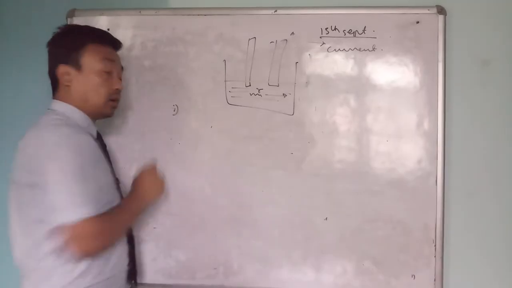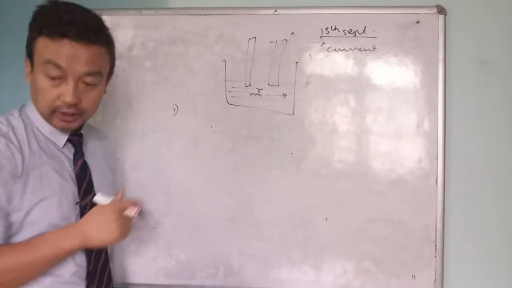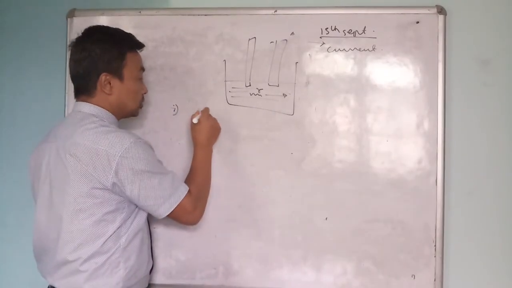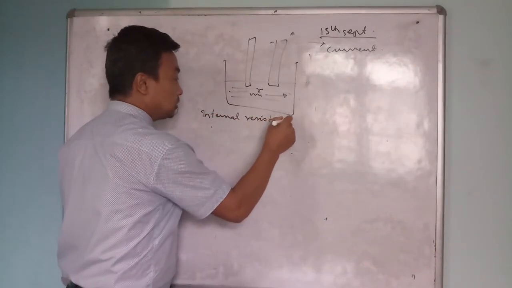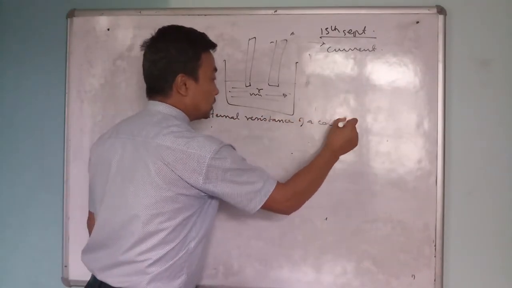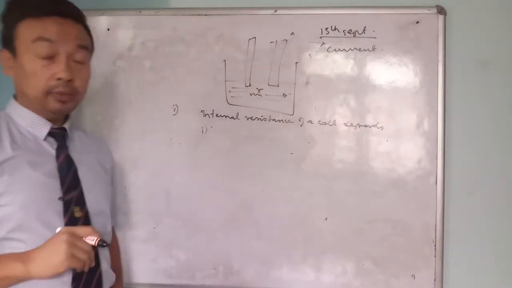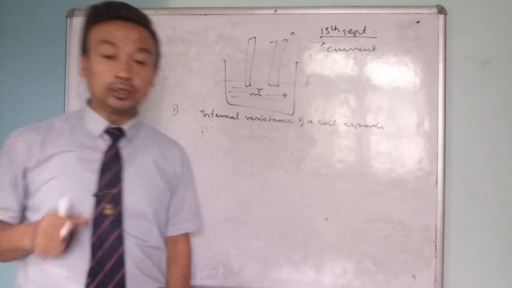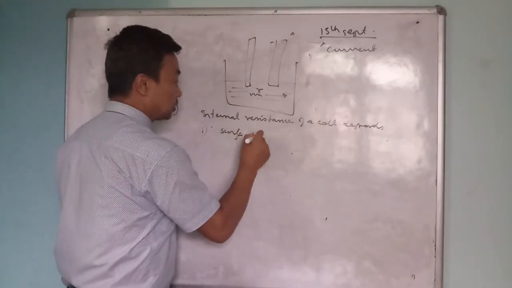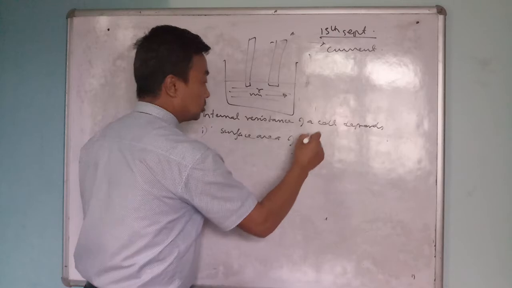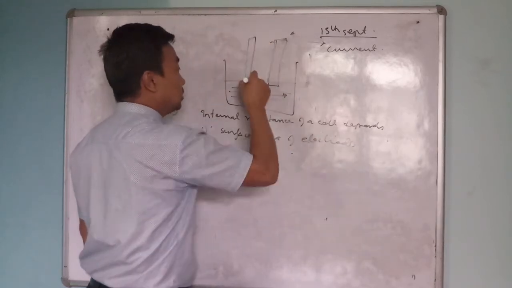The question is, on what factors does the internal resistance of a cell depend? It depends upon four factors. First, it depends upon the surface area of the electrodes. See, these are the electrodes, and this is the surface area.